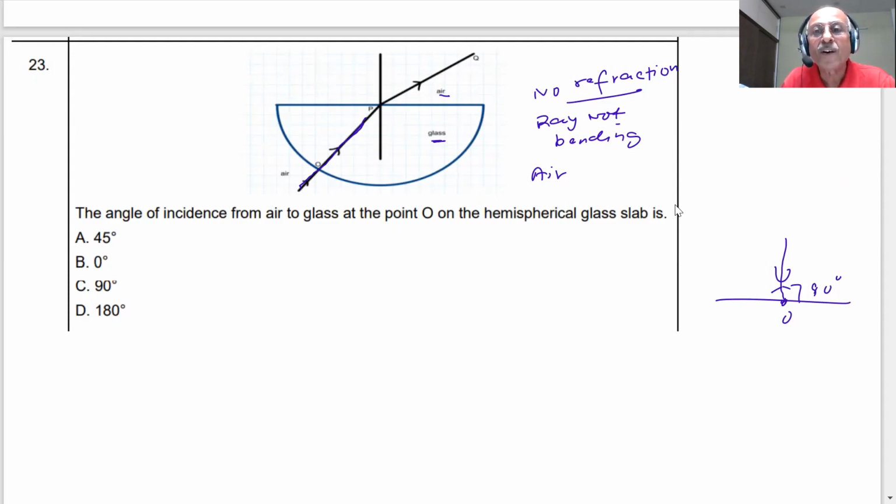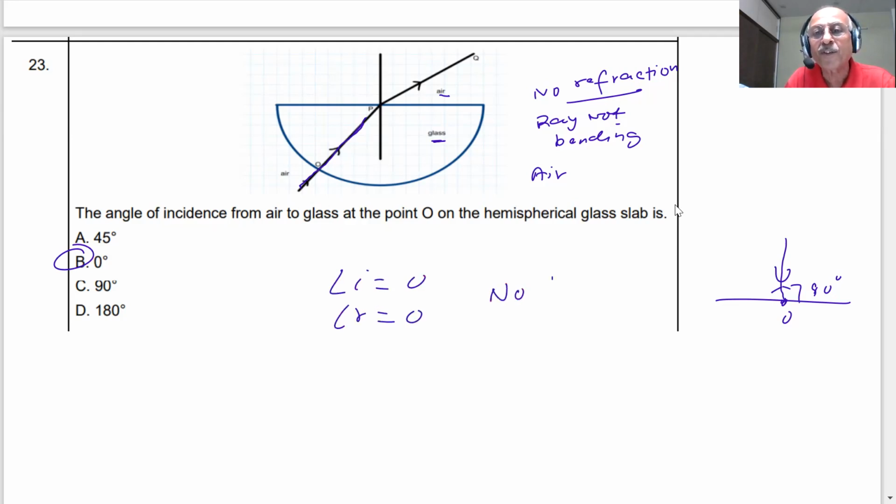what happens on the hemisphere? The angle of incidence from air to glass is 45, 0, 90, and we will say the answer is 0 degree. There is no angle of incidence, because this is passing through the normal. It is passing through the normal, and therefore the angle of incidence is 0, and the angle of refraction is also 0.